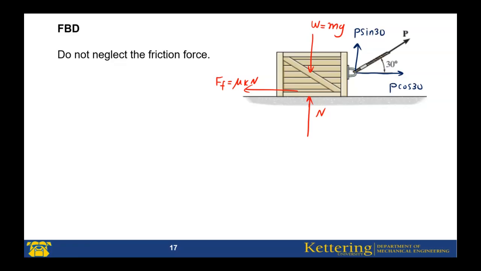Why? Because we want to know what are the forces applied in the x direction, what are the forces in the y direction. Just write the forces and find their components if they are not aligned with the x or the y directions.